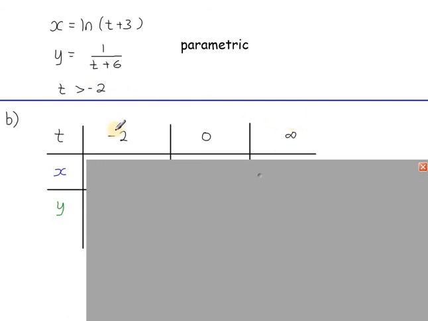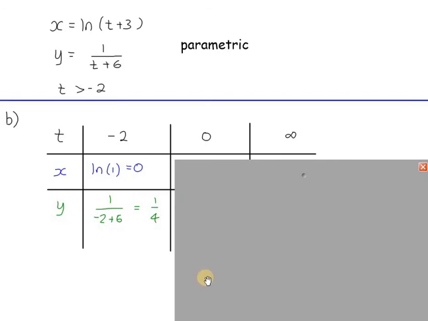So when t equals -2, we need to put that in the equation for x and the equation for y. For x we have ln of -2 plus 3, so ln 1, which simplifies to 0, and y is equal to 1 over -2 plus 6, so we have a quarter.